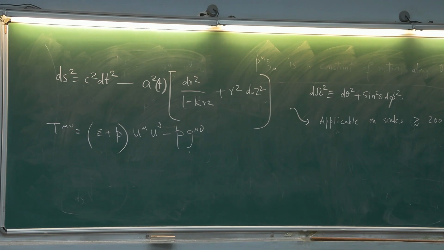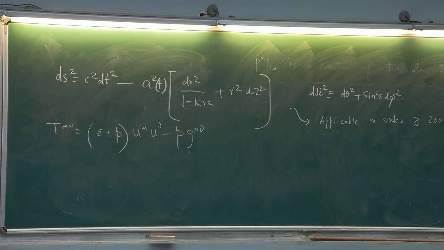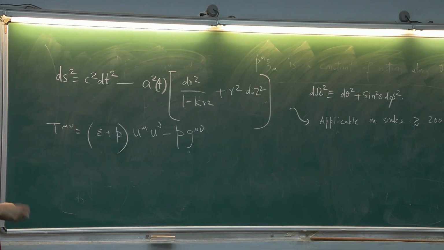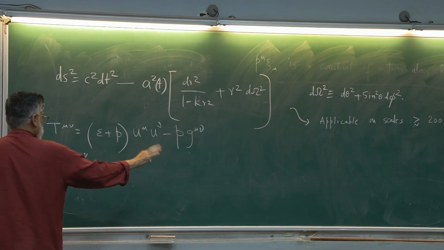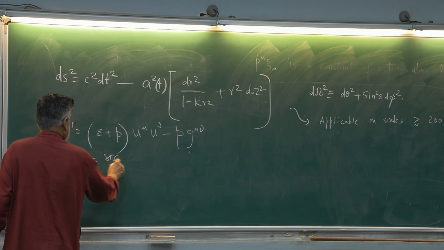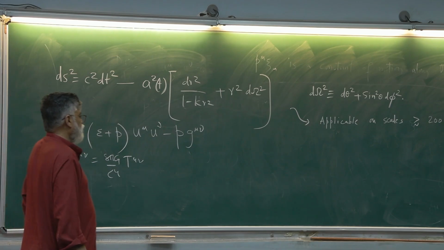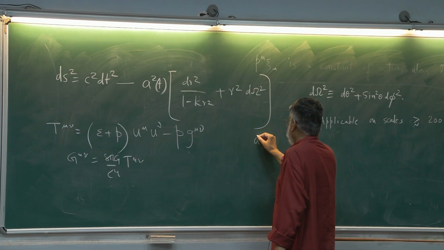All right, now you go to cosmic observers, then the U i's will be 0, only U0 will survive and all that. You set up your Friedmann-Robertson-Walker metric, put them in this metric and solve the Einstein equation, G mu nu. At the moment I am not bothered about the cosmological constant. You can do that also. Put this T mu nu, solve the equations, and you will find there are 2 equations you will get.